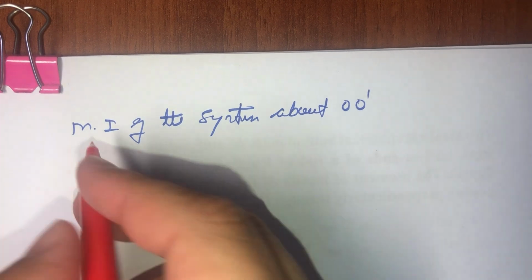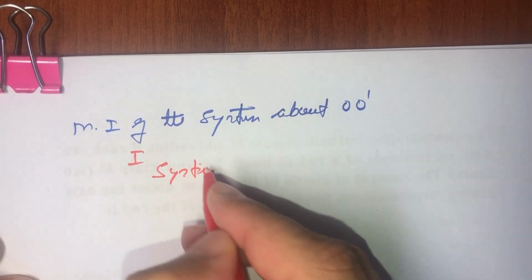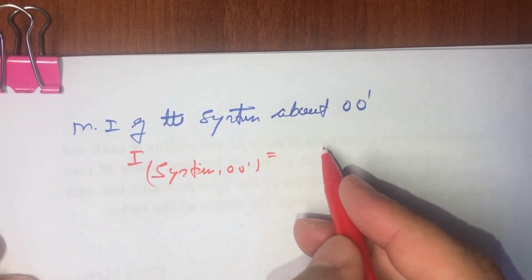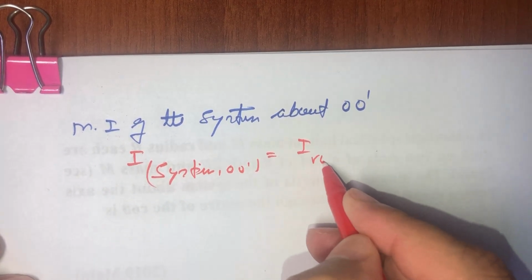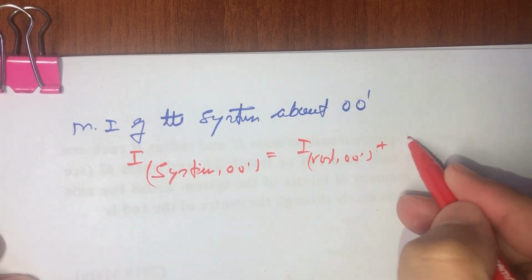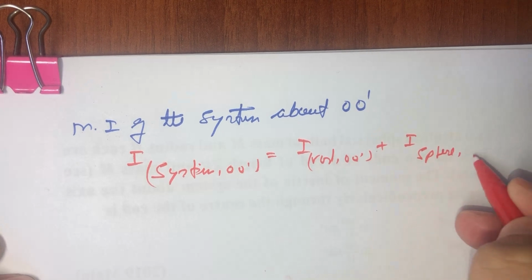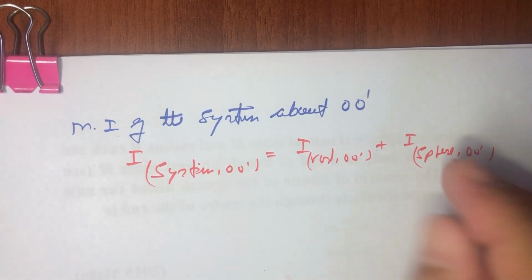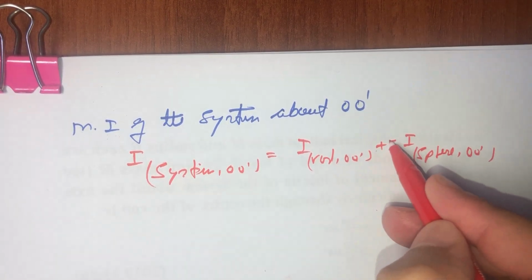We can write this as I system about the axis OO prime will be equal to I rod with respect to OO prime plus moment of inertia of the sphere with respect to OO prime. And we have two spheres and both are symmetric with respect to the center of the rod, so we are going to multiply it by 2.